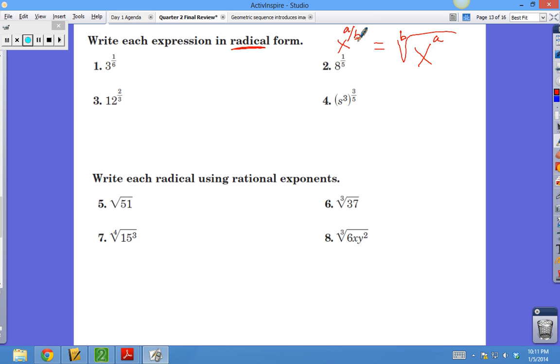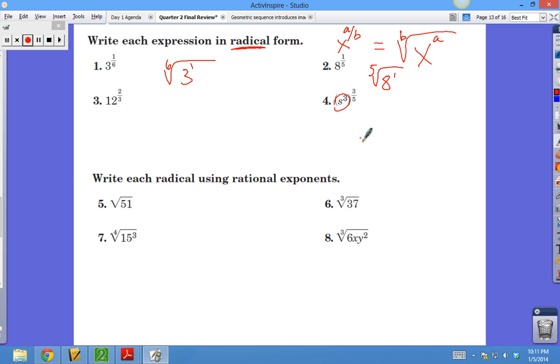So 3 to the 1/6 is going to be the 6th root of 3. Now it's a 6th root, so if I got 6 or more, some stuff can come out. Nothing can come out. 8 to the 1/5 is going to be the 5th root of 8. Let's look at 4 real quick.